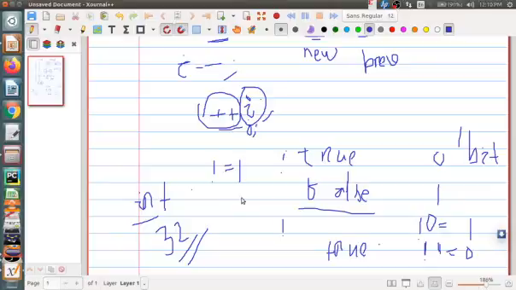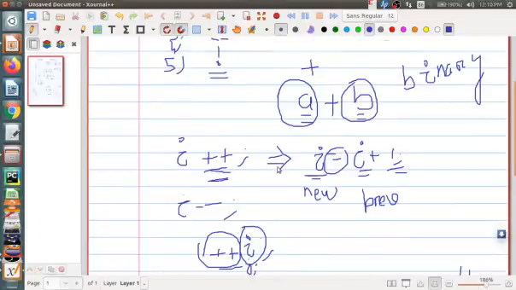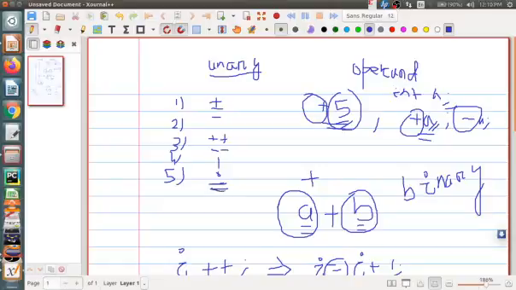So you will see in detail this logical negation or logical complement operator. This is called the logical negation or logical complement operator.